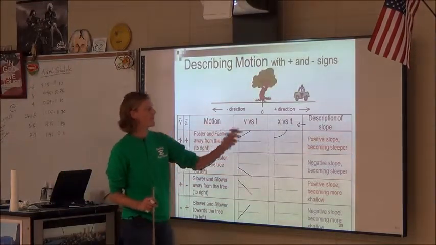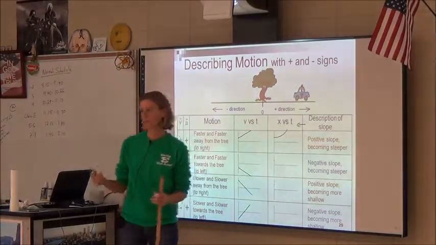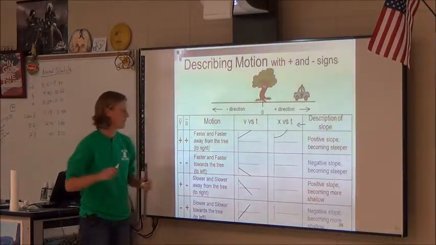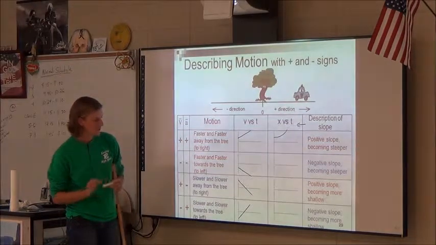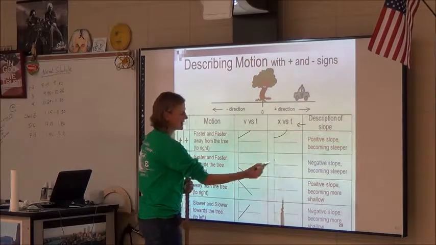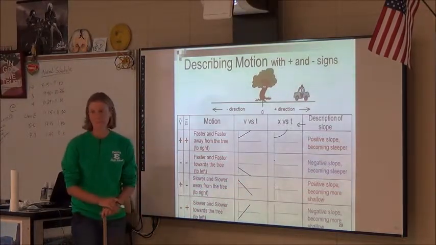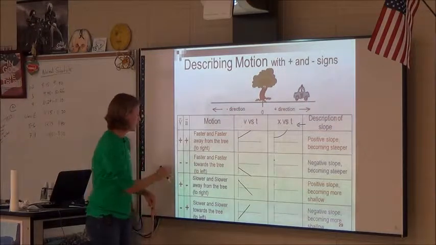So if there ever is acceleration, your position graphs will be curved. It's just a matter of which way we're going to curve them, which I guess I've kind of given you the hints there. How about this? That graph right there. I've got negative velocity, negative acceleration.